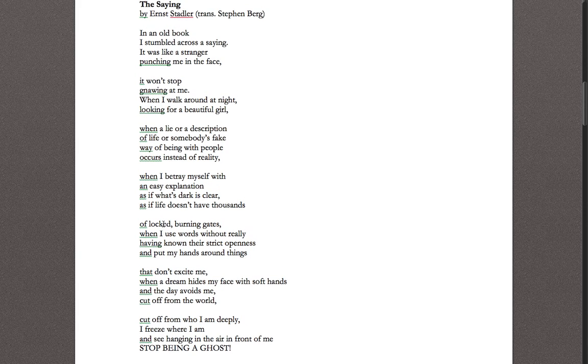So we have the opening. In an old book, I stumbled across a saying. It was like a stranger punching me in the face. It won't stop gnawing at me. The first one is technically a quick dependent clause and then an independent clause. And then we have an independent clause with a metaphor, which we've seen before, and a second independent clause.